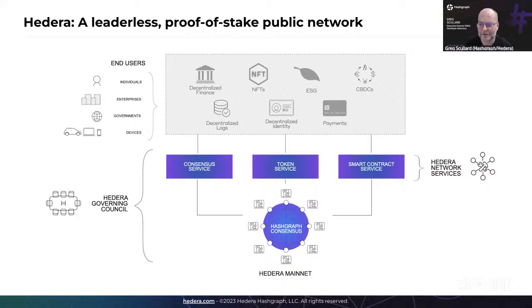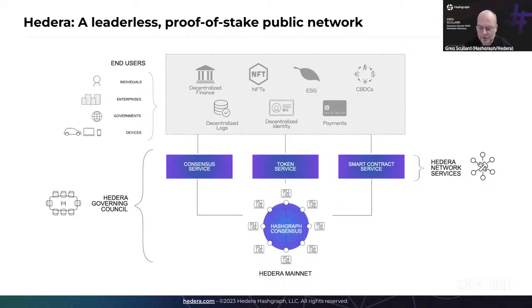So they together represent Hedera. On top of the consensus, we have different services, and three represented here are the consensus service, the token service, and a smart contract service. The smart contract service is equivalent to what you find on Ethereum. So for the more technically minded here, it's the same EVM as Ethereum, on which you can run Solidity smart contracts.